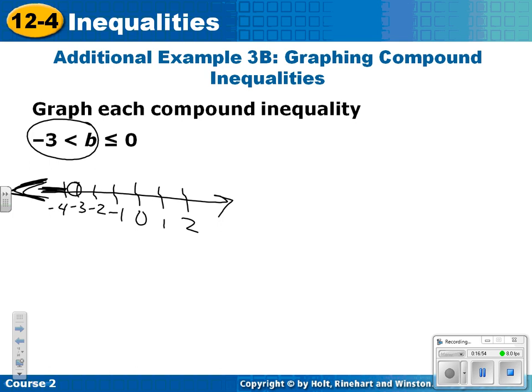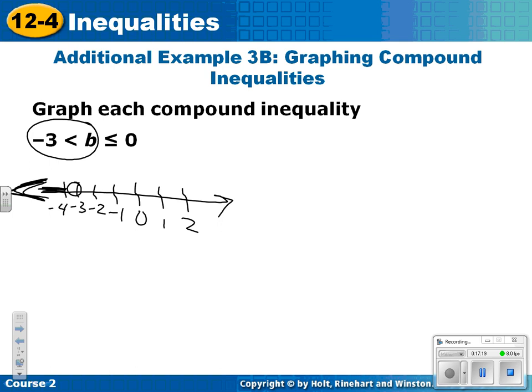It's not. Because if you read it correctly, it says that the value of B is more than -3. The alligator always eats the one that's more, right? So why would the alligator here be eating things that are less than -3? It isn't.